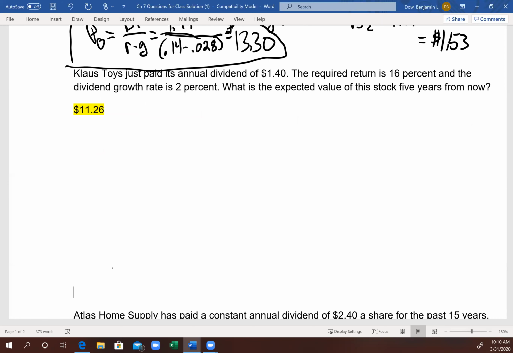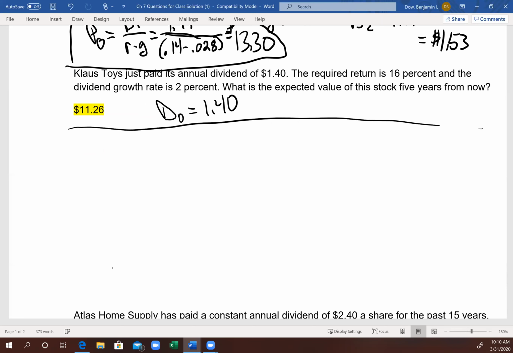So Klaus Toys just paid an annual dividend of $1.40. Remember, that dividend they just paid, you don't get. So it doesn't show up anywhere in the problem. It's just used to help you figure out what future dividends will be. So now they're figuring, hey, dividends in the future are going to grow at 2%.